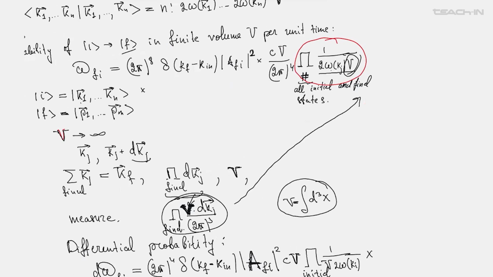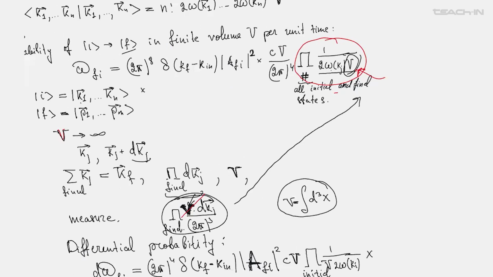And then, let me do it with the red pen, these factors in the final states cancel factors of V, which correspond to the contribution of final states. For the initial states, they will still be there, and this is what you see here.